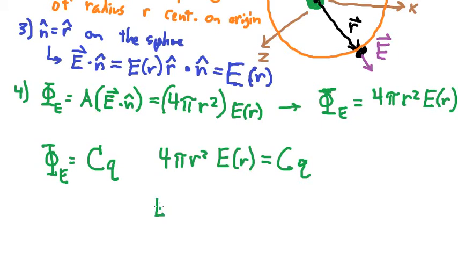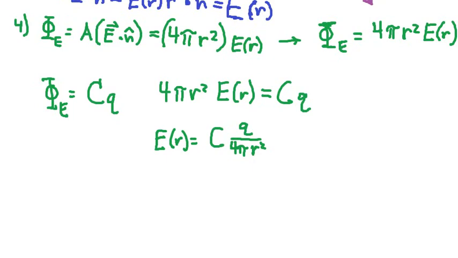So this is the flux through this sphere for this unknown electric field due to a point charge. Now, as I said before, we do know the electric field due to a point charge. We've done this, but I want to show you how this leads into Gauss's law. So that's our electric flux there.